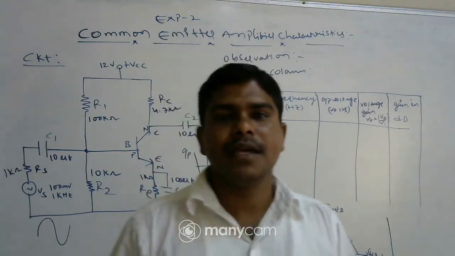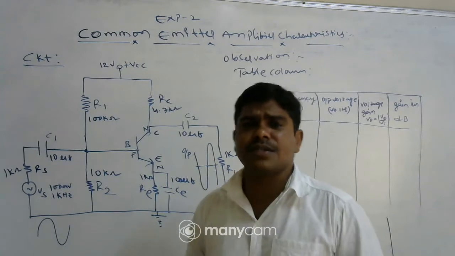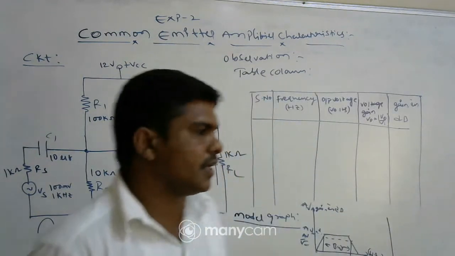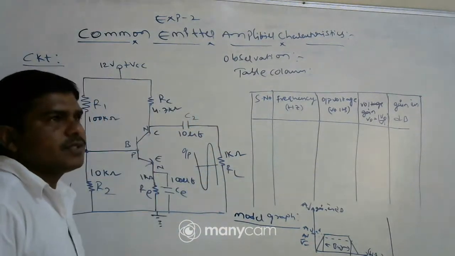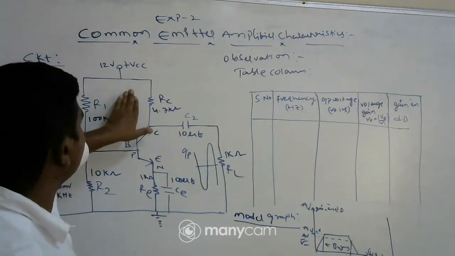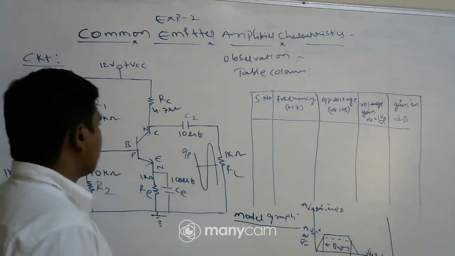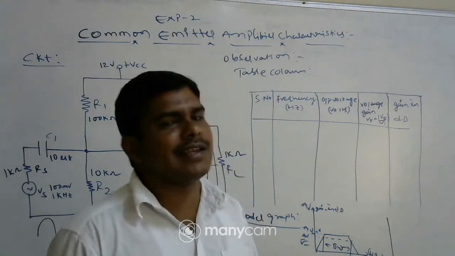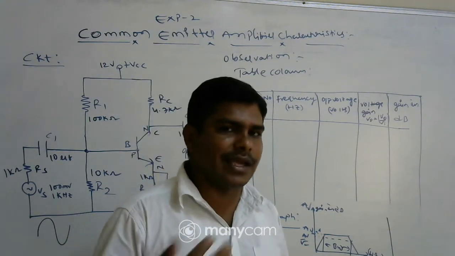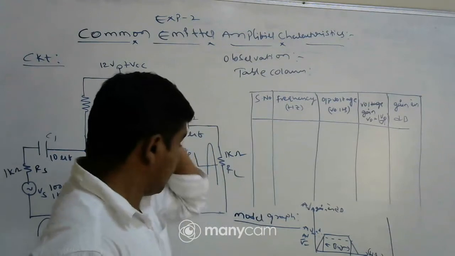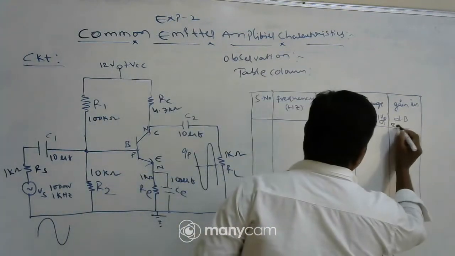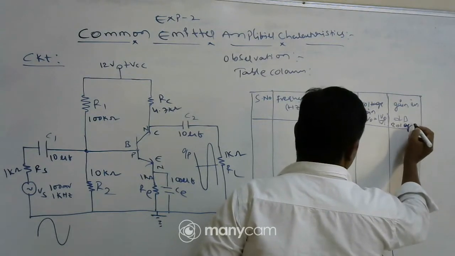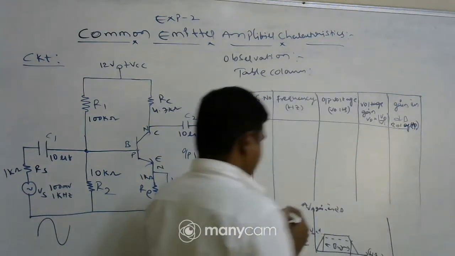Generally, amplifiers are used in public audio systems and functions. The unit of an audio signal is the decibel, so we have to calculate the gain in decibels. The formula is 20 log of power gain, where power gain is represented as AP.